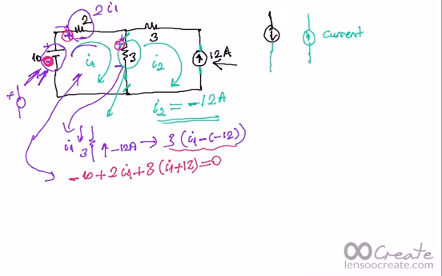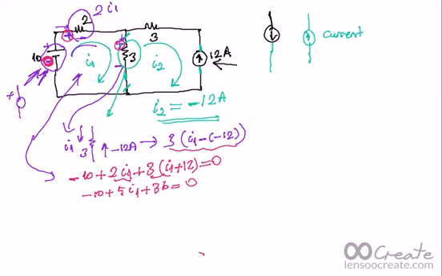So there is one equation and one unknown. I can easily solve this. Minus 10, 2I1 plus 3I1 making 5I1, and plus 36 is equal to 0.